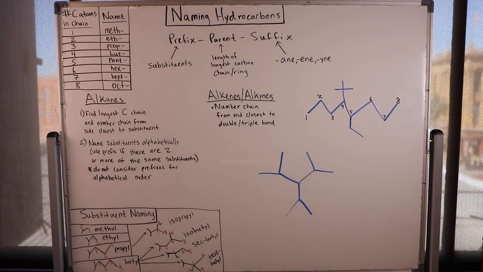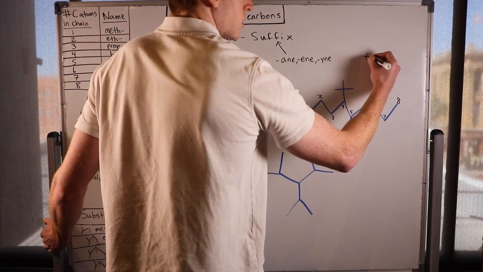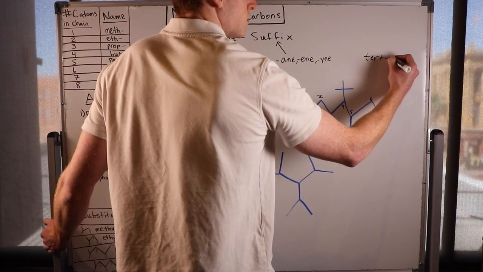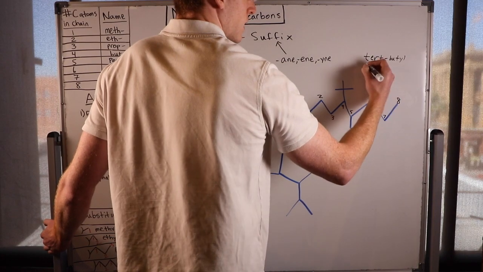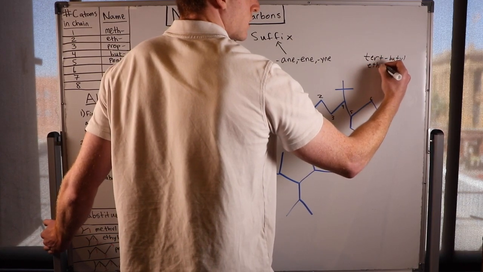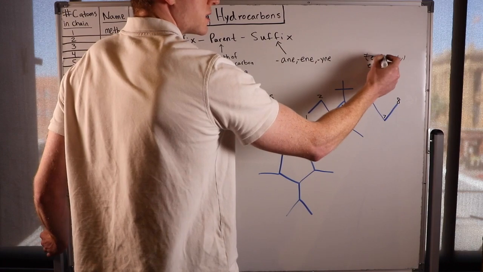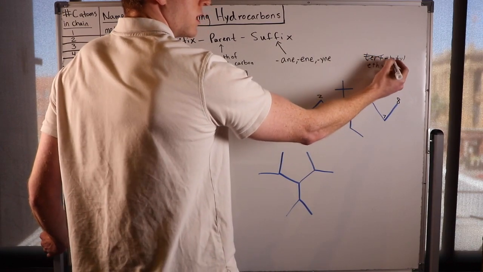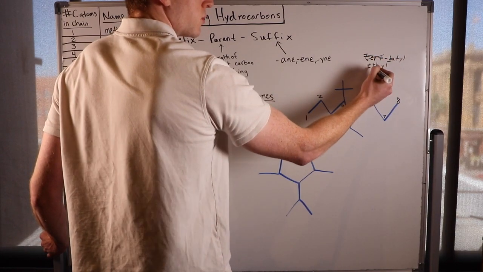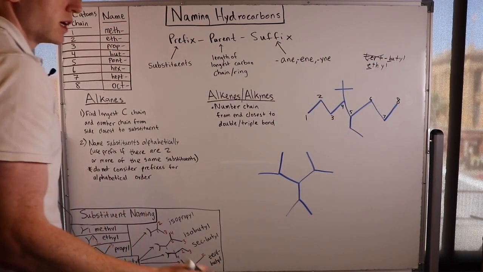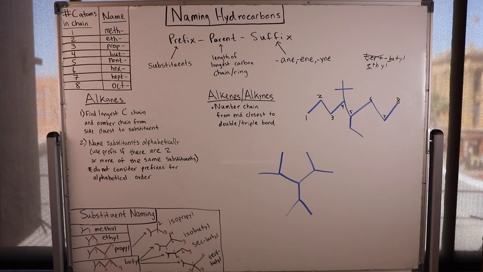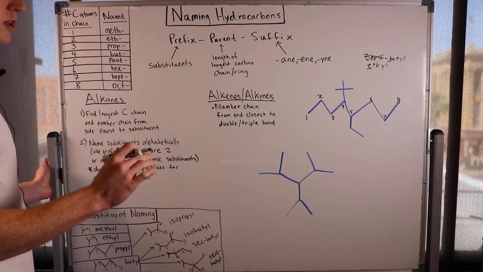Let me explain what I mean by that. I have 2 substituents here, tert-butyl and ethyl. I don't consider this prefix in my alphabetical ordering, so I will determine which one comes first by these letters. Butyl comes first in the alphabet, so that means I'll name that substituent first.